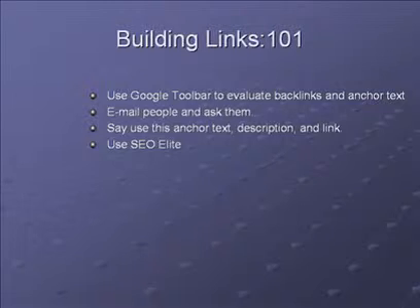Let's trade links. And that brings me to my next point. When you're emailing people and asking them to trade links, make sure that you specify to them what kind of anchor text you would like to see, perhaps a description, and what page you'd like to link to.